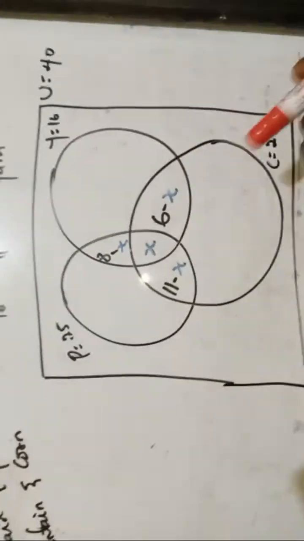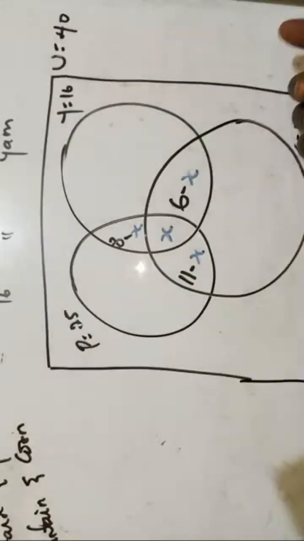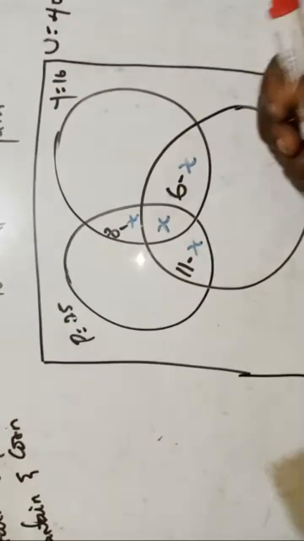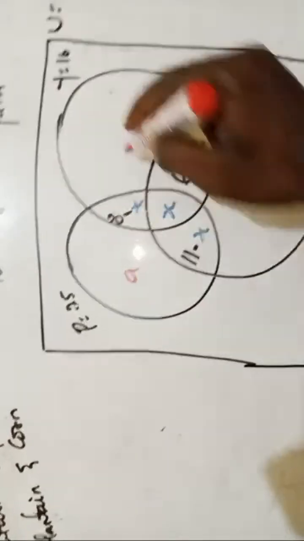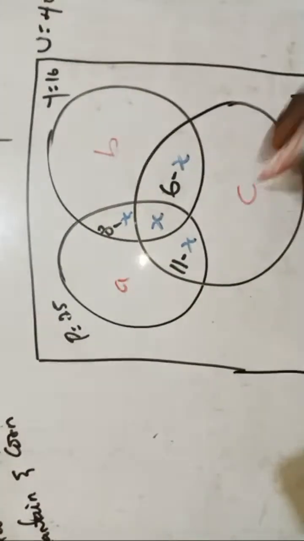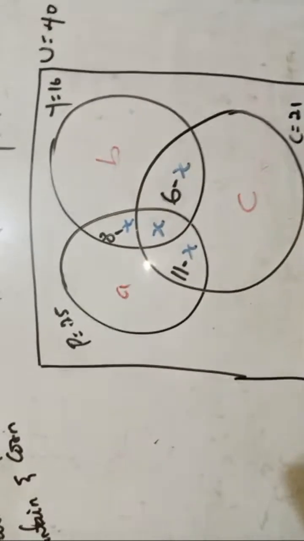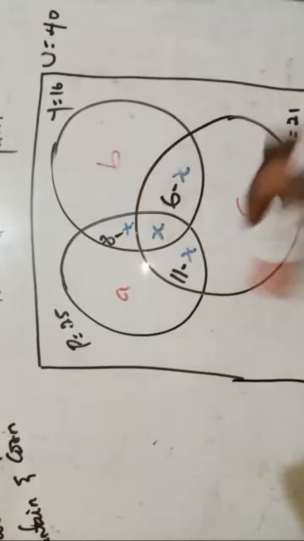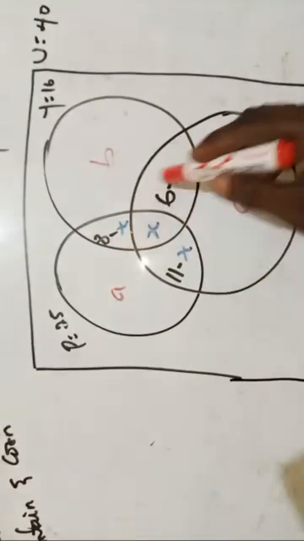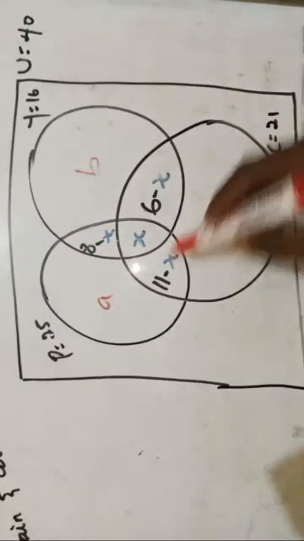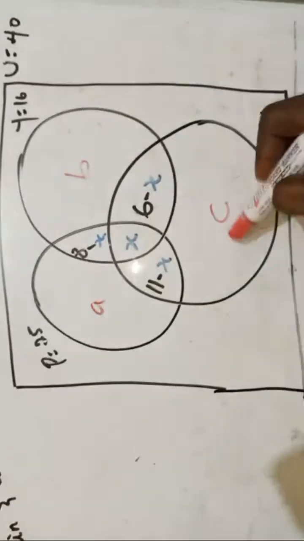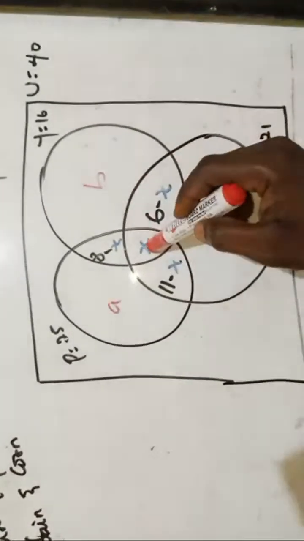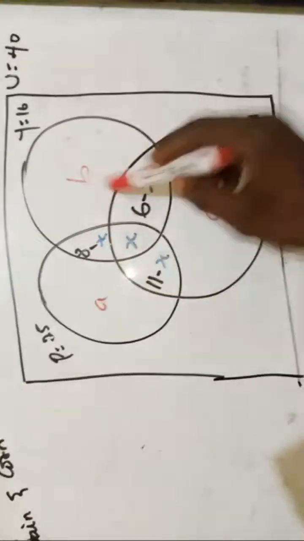You know what mathematics does: you just use a variable to represent that thing. So you make sure that you fill in all the spaces. Here you have A, B, and then C. The advice is that you use a letter that you haven't used already. The only letter you can see is X here, so here we are going to use A, B, and then C.